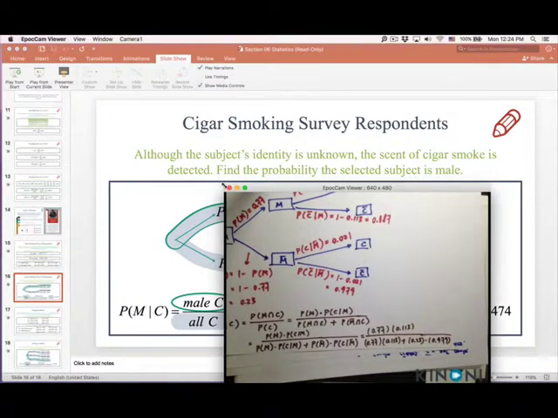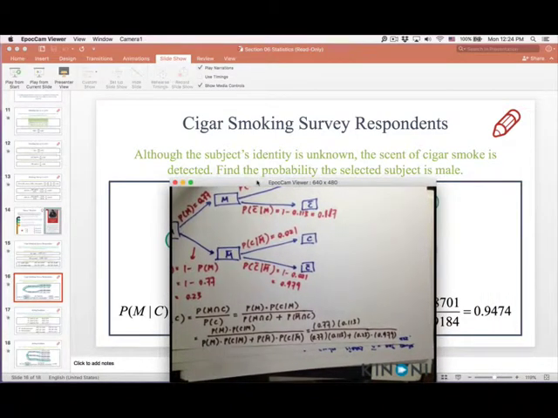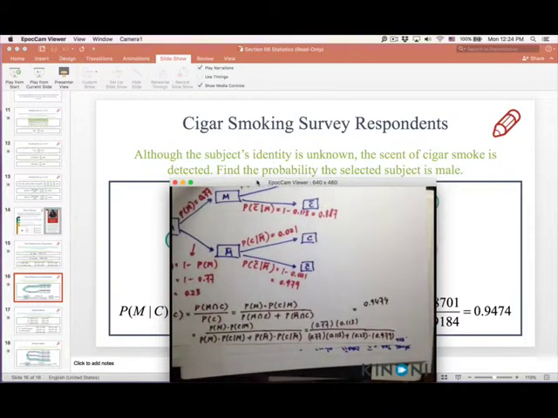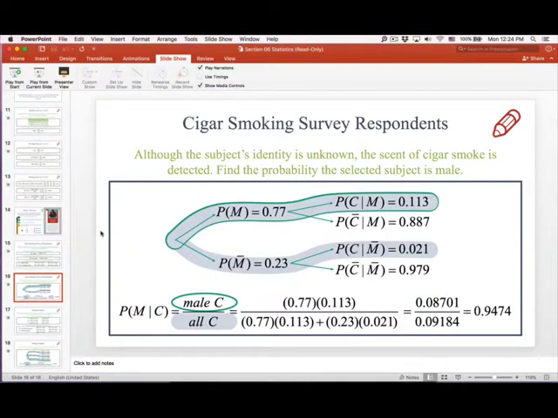Then use your calculator. You should find that will be equal to 0.9474.